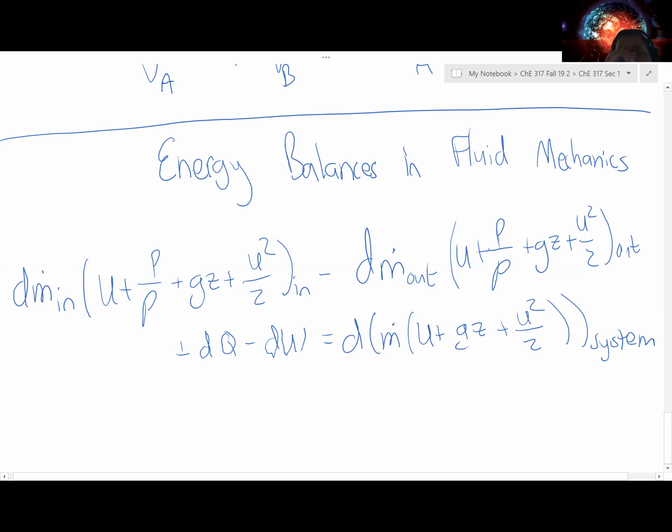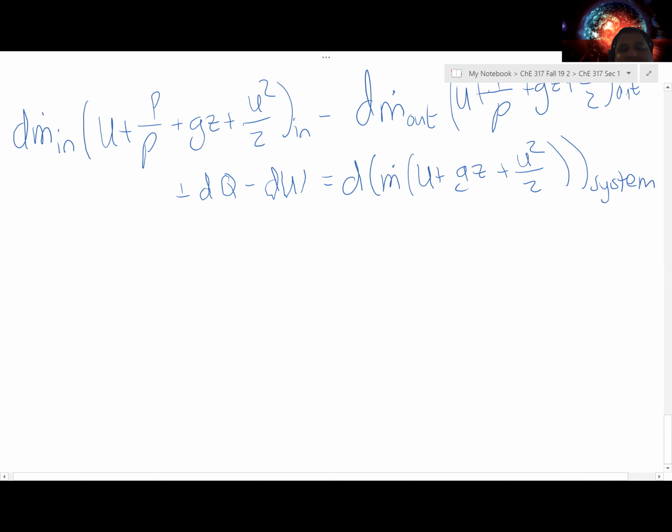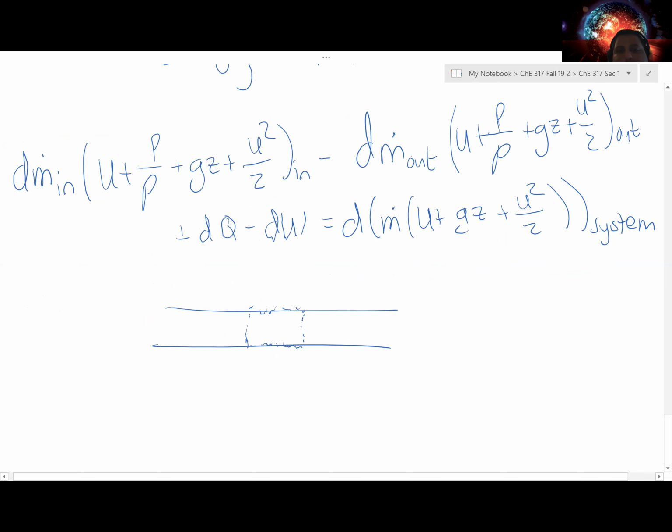And it would look like this, which means if I'm looking at, let's just say, my standard example, flow through a pipe, and I'm looking at a representative slice of fluid within that pipe, I can define an energy balance associated with the mass flowing in, the mass flowing out, and the mass of the system itself.